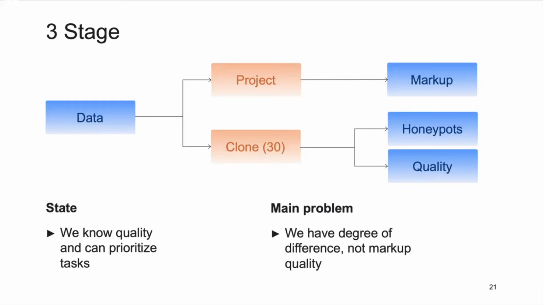But after this step, we can see that our moderators can also make mistakes. It could be accidental mistakes, or they may not understand the instruction, or understand it in different ways. So we don't have quality, we have just a degree of difference between markups.